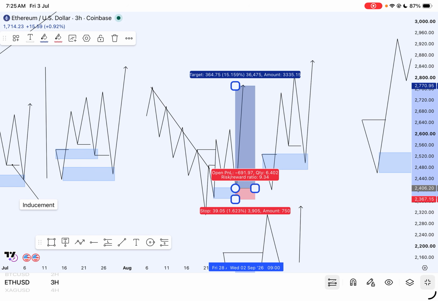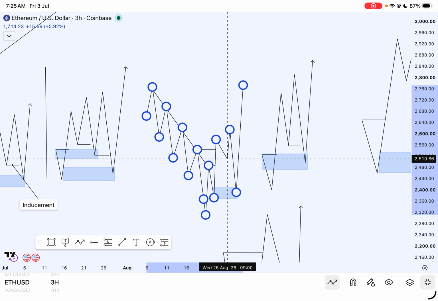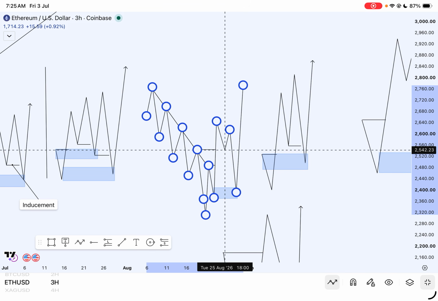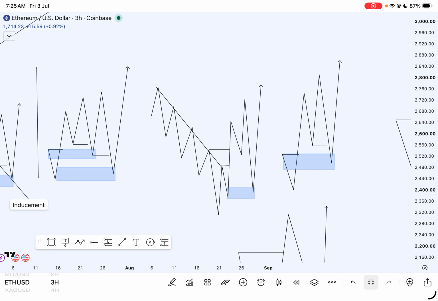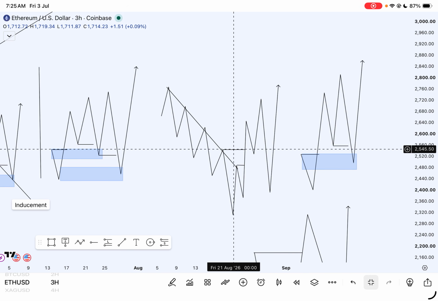Let me just adjust it for you guys to see. So now, for instance, let's say price created something like this, whereby there was an inducement here like this. It already mitigated this first breaker block right here.